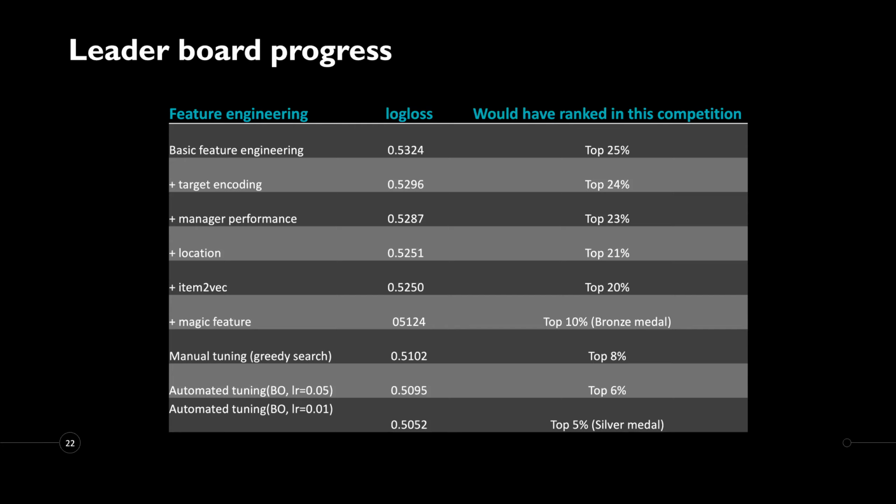And if we tune the model using Bayesian optimization, plus we decrease the learning rate from 0.5 to 0.1, we would further improve the model, which is equivalent to a top 5 solution. And by top 5, you could have achieved the silver medal. So as you can see, we get progressive improvements by using different techniques and tricks, which allow us to continuously improve our model.